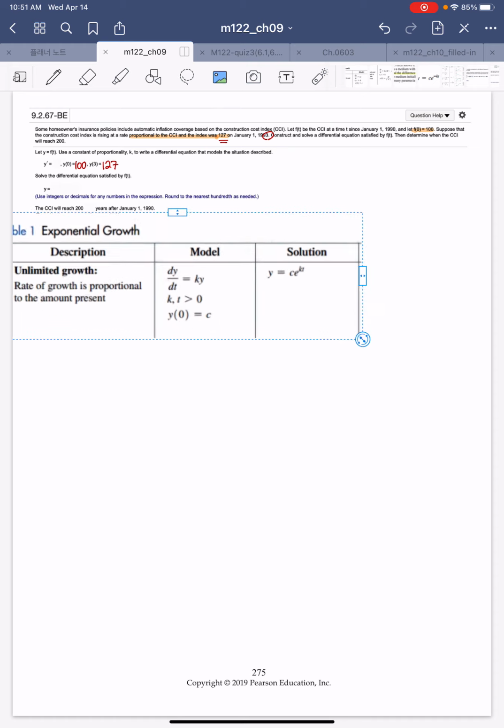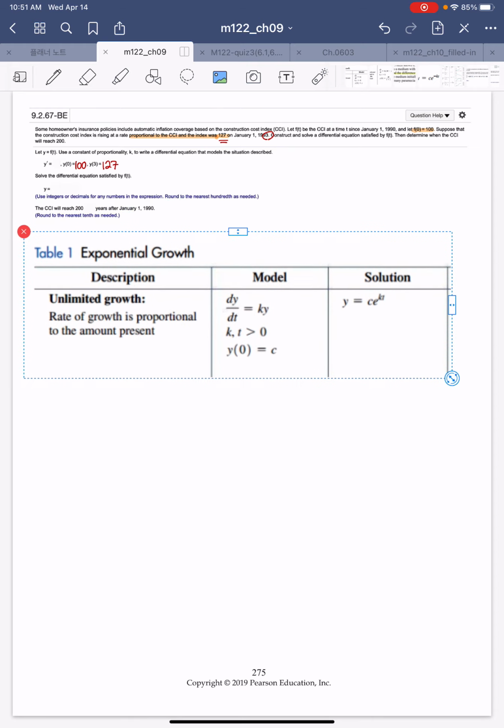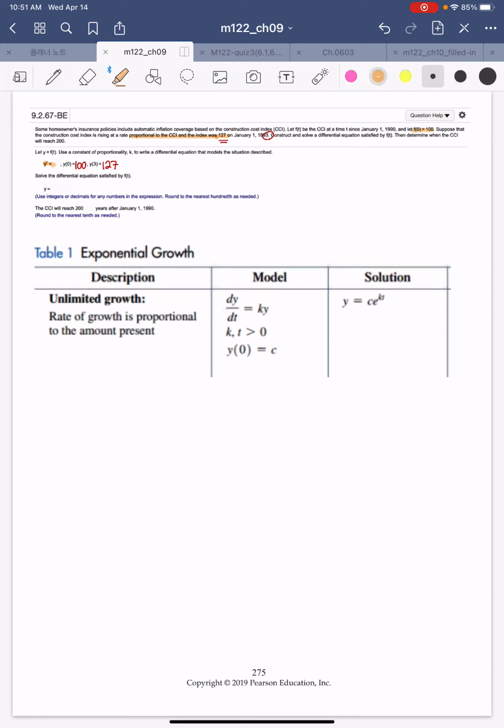Okay, then use this one to write down solutions. So here, this part is just asking to write down y prime, and y prime is this one. So my first answer is y prime is equal to ky, which is the exponential growth function.